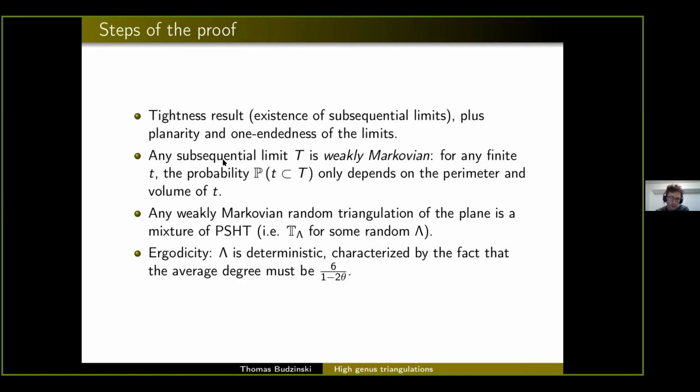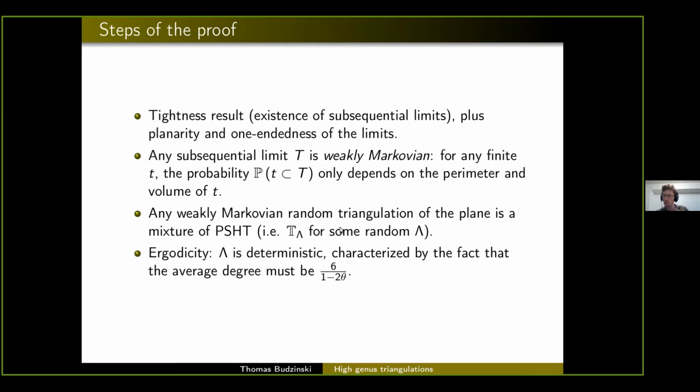The second step consists of making the following remark. If I have a uniform triangulation of fixed size and genus, it's going to be weakly Markovian in the following sense. If I take any finite piece T with a certain size and a certain perimeter, then the probability to observe this little t around the root will only depend on the perimeter and the volume.